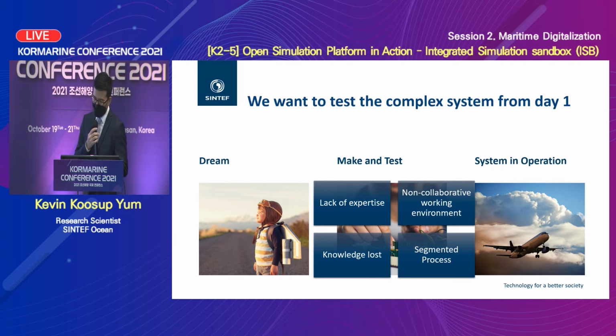Introducing system simulation will help designers or developers test their systems on the way to reaching their system in operation. But it is difficult to set up the simulation due to lack of experience, expertise, and a non-collaborative working environment, and knowledge is lost along the way, and also the process is very segmented.